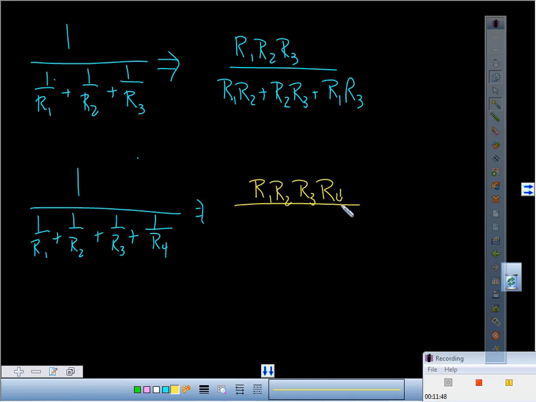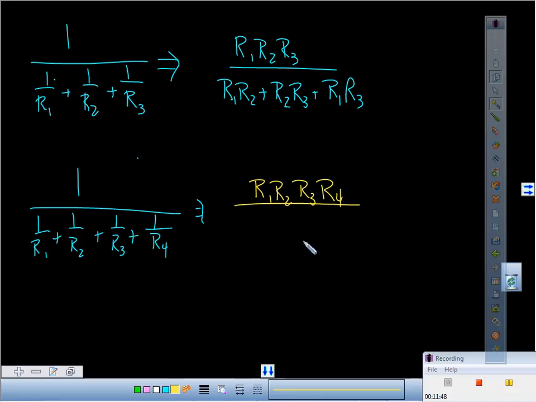Okay. All right. So here's the pattern that a lot of kids miss. How many resistors do I have in this top equation? 3. How many terms do I have in the denominator? 3. 1, 2, 3 terms. 3 resistors, 3 terms.